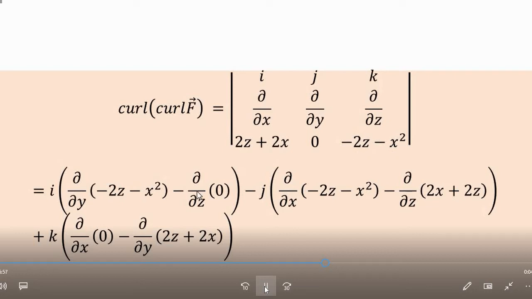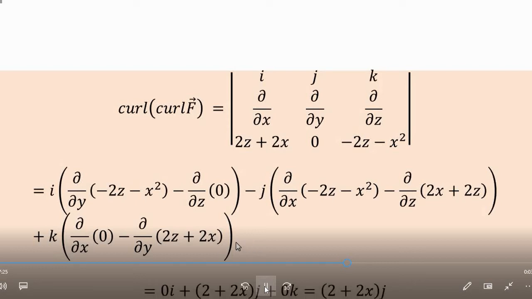Now after evaluating we get i into dou by dou y of this function minus dou by dou z of 0, and minus j into dou by dou x of (minus 2z minus x square) minus dou by dou z of (2z plus 2x), and k into dou by dou x of 0 minus dou by dou y of (2z plus 2x). That's what this term indicates.